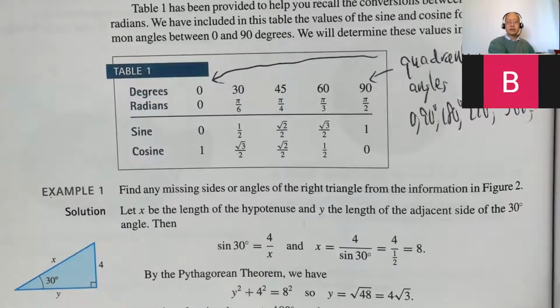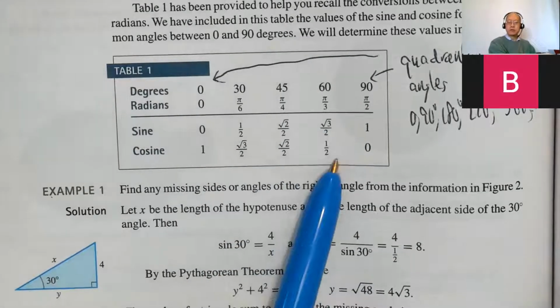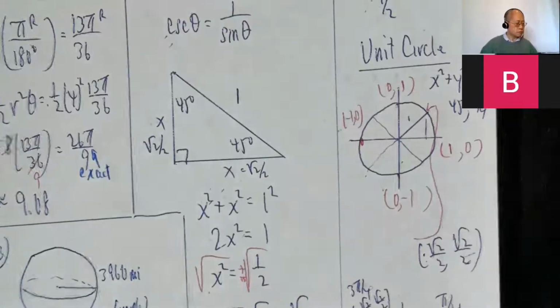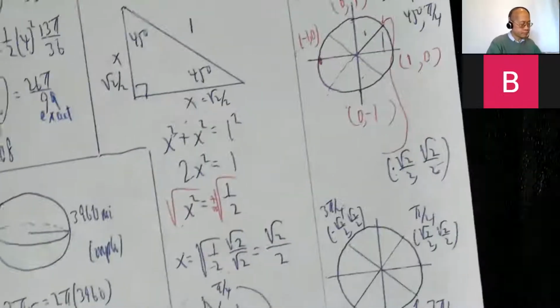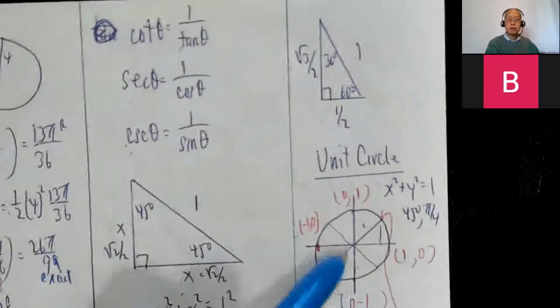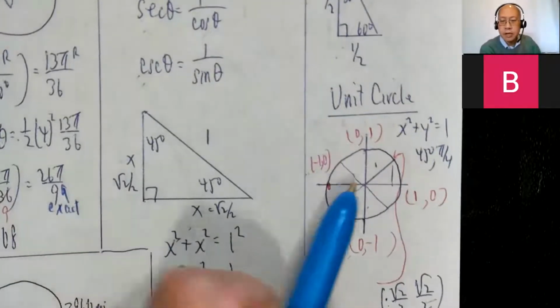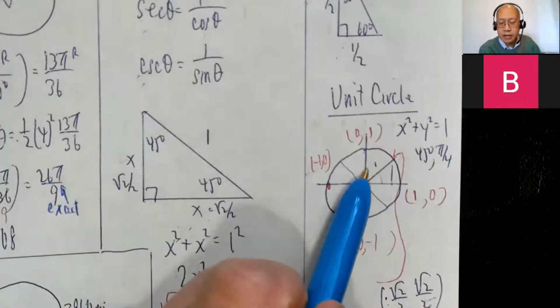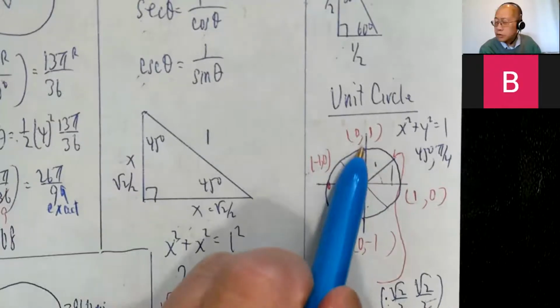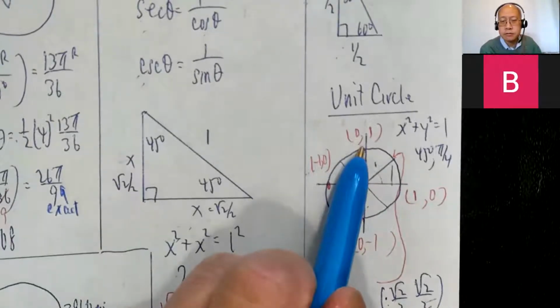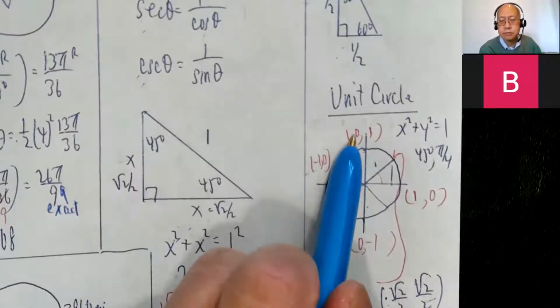Now let's take a look at 90 degrees. How did I get that? So, unit circle again. 90 degrees is right here, right? So here's the point in question, (0, 1). What is the x coordinate? 0.